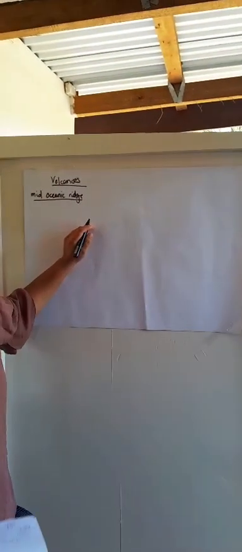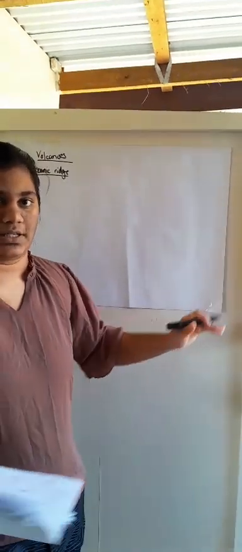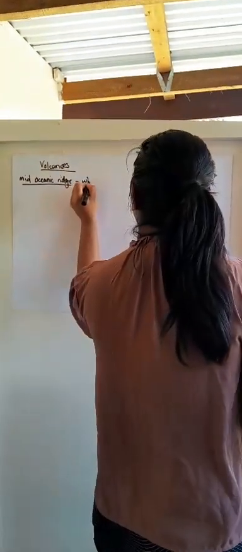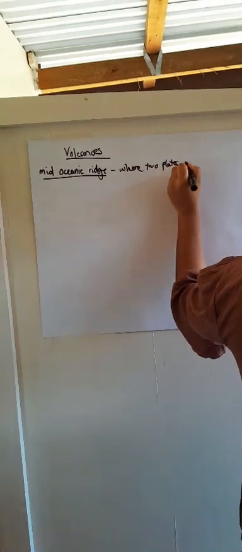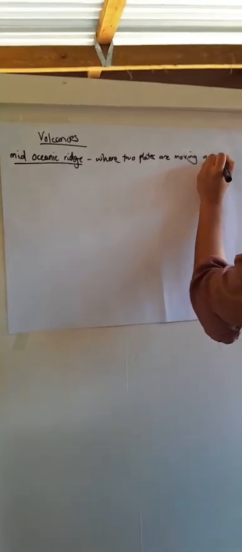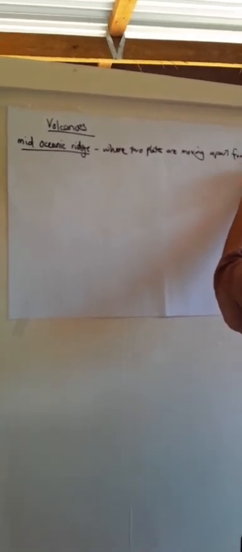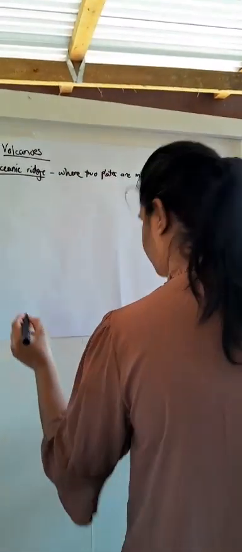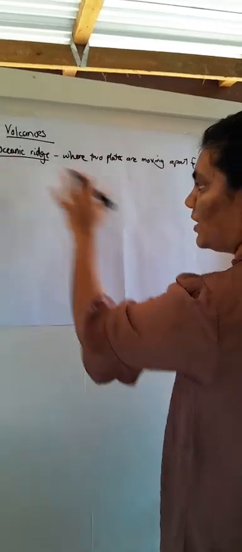What is this? Who can explain? It is where two plates are moving apart from each other. This is a diagram just to show you how a mid-oceanic ridge looks like.